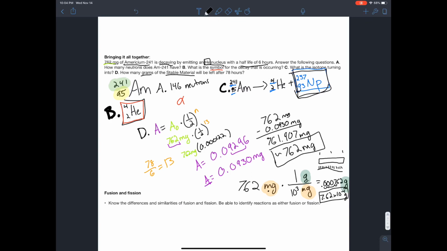So the number will be larger for these ones and smaller for these ones. Grams are a larger unit than milligrams, so we expect to have a smaller number measuring it. So it does make sense that our number becomes a small decimal with 10 to the negative fourth on it. Okay, that might have sounded a little confusing, but I'm just trying to say that our answer makes sense. We've eliminated milligrams through our math, and we're left with the answer in grams.